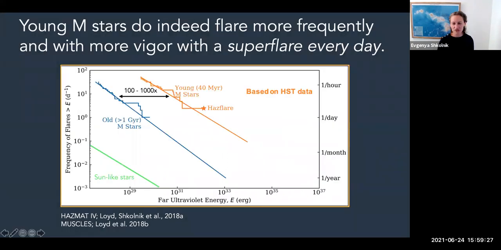So one thing that we like to do is plot things into these flare frequency distribution plots. We've got the frequency of the flares on the y-axis, and in this case, the far ultraviolet energy on the x-axis. And what I'm showing you is the difference between the old M-stars here in blue and the young M-stars from the HAZMAT program. These are just the early M-stars, I should say.